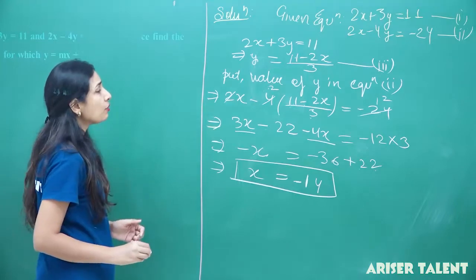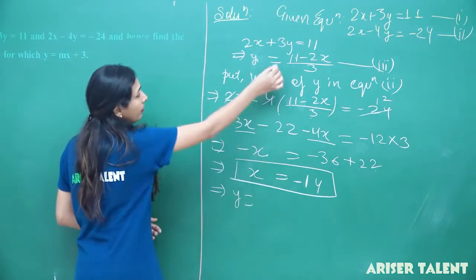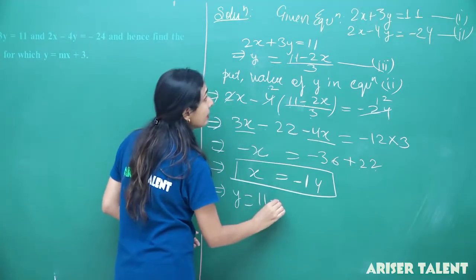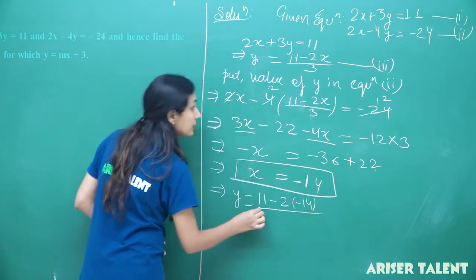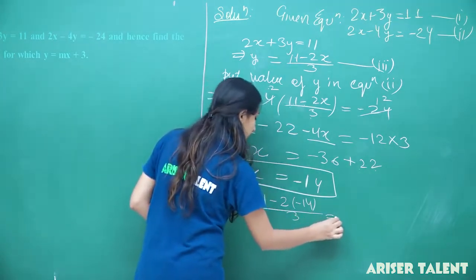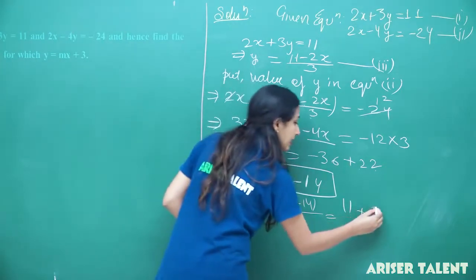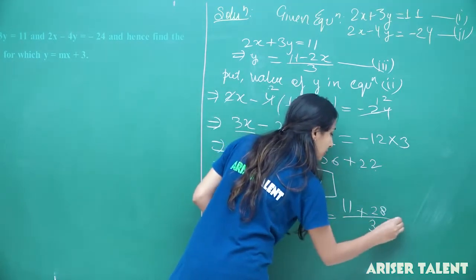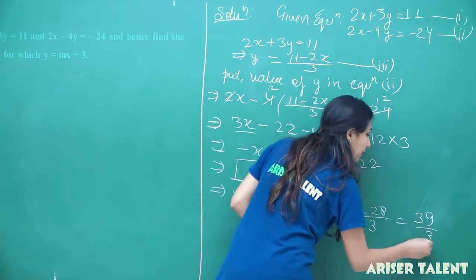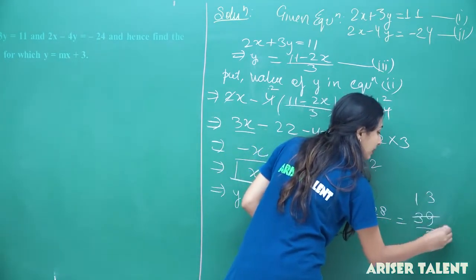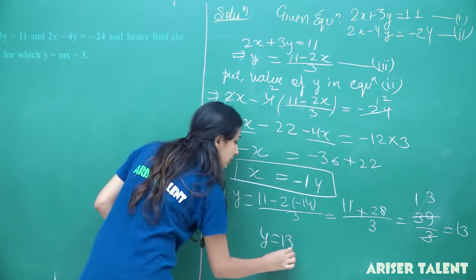If x equals minus of 14, it implies that y will become 11 minus of 2 multiplied by minus of 14 divided by 3. So it is 11 plus 28 by 3 equals 39 by 3, that will be cut by 13. So this is 13. So now y equals to 13.